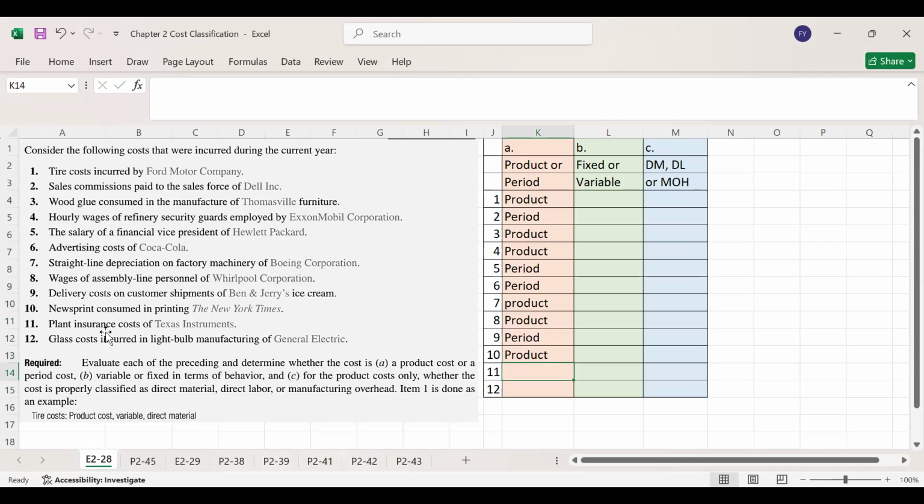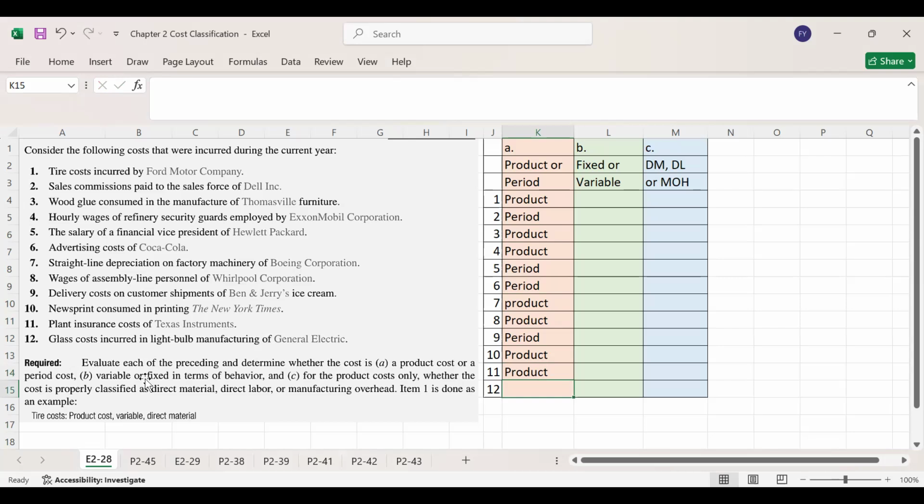Next is plant insurance cost of Texas Instruments. It is the insurance of a plant, or the factory, so it is a part of factory overhead or manufacturing overhead. Hence, finally, it is a product cost.